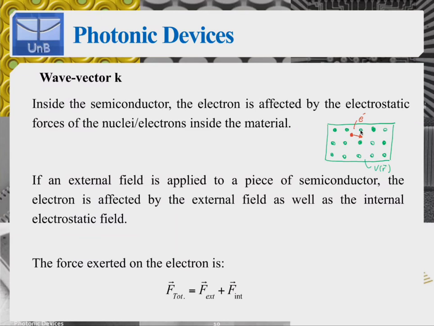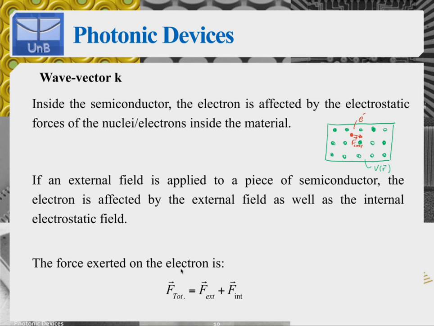So it's going to have internal forces, and by internal I mean forces that are associated with this periodic potential inside the material, so the forces arising due to the periodic lattice of atoms. On the other hand, if you apply an external field to a piece of semiconductor, the electron is going to be affected by this external field as well as the internal field.